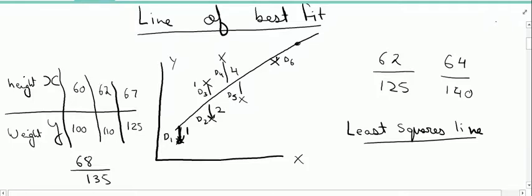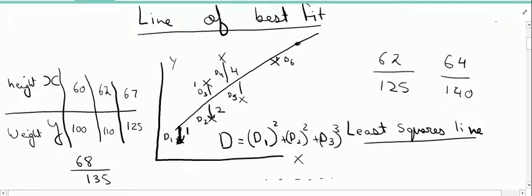If I compute the distances and obtain the values of d1 square plus d2 square plus d3 square and so on, if I just add all the values squared up, my value of the sum of all deviations will be the least if I have drawn this line accurately, and I can use it to predict future values. This line is used to forecast the future information.